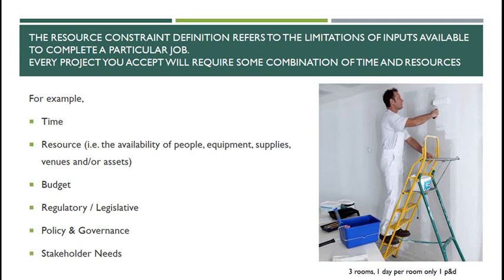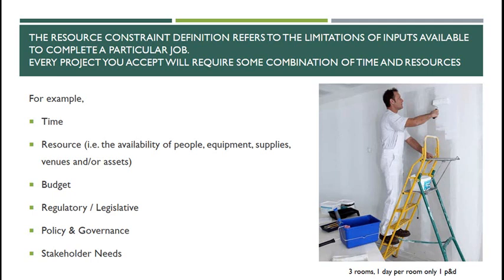I've tried to put an example in there. Let's say the scope of the project is to paint 3 rooms in one day. But you know yourself from experience, and if you're doing your estimates, we talked about estimates last week, didn't we, that one room will take 1 day and you've only got 1 painter and decorator. So quite clearly 2 rooms aren't going to get painted. So you need to make some decisions as a project manager.